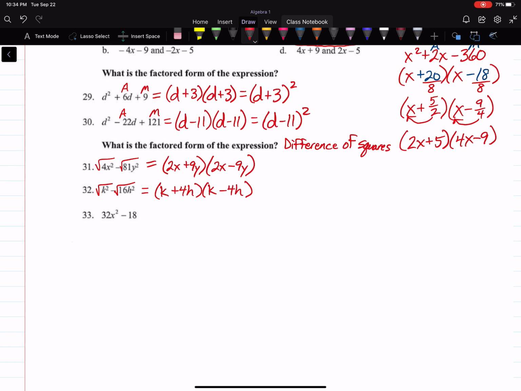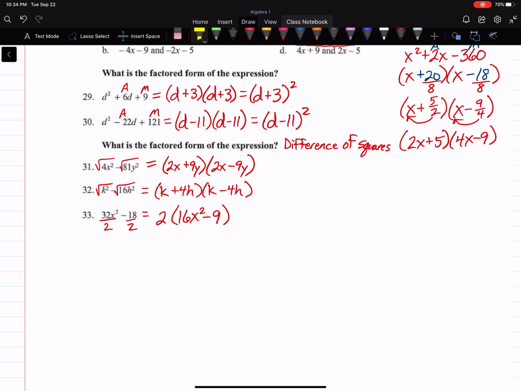Okay, and our final one, wait a minute, 32 and 18 are not perfect squares. So we need to figure out, is there a greatest common factor first? And there is. 2 will go into both of those. So take out your 2, and if you divide both of them by 2, you'll get 16x squared minus 9.